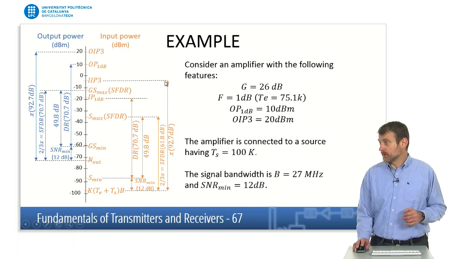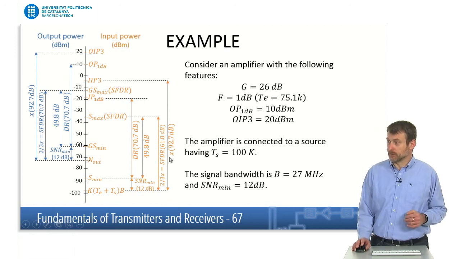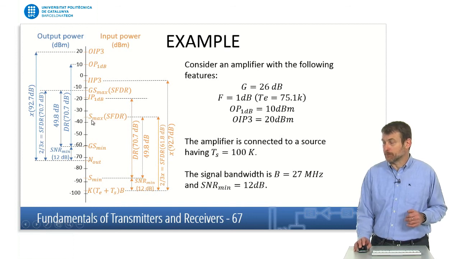And then the difference between this third order intercept at the input and the noise is the quantity X, which is 92.7 dB, right? Now, 2/3 of this quantity is the spurious free dynamic range. So, from the definition of spurious free dynamic range, we would start from the noise referred to the input, and we would go up by 2/3 of this quantity, and that would be the maximum signal at the input that would limit the spurious free dynamic range, right?